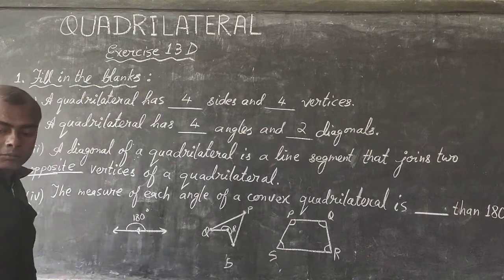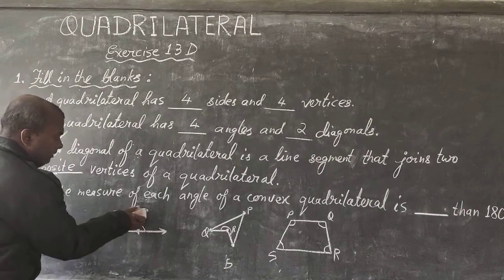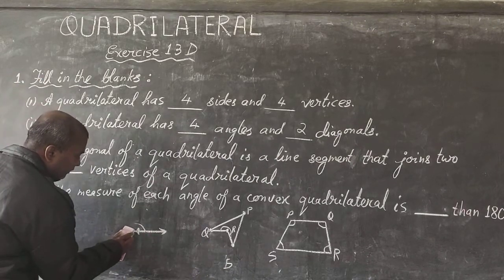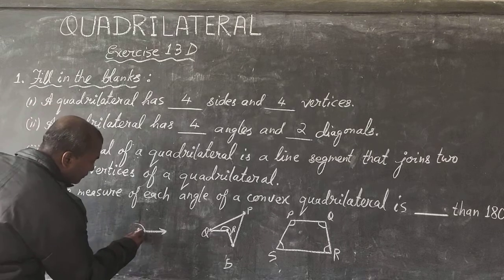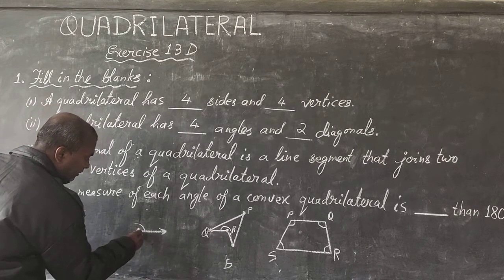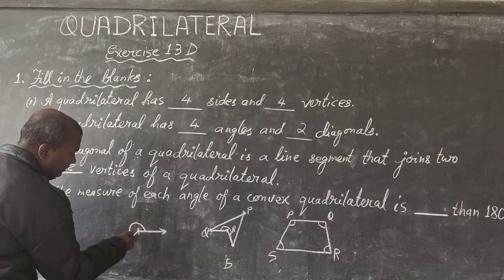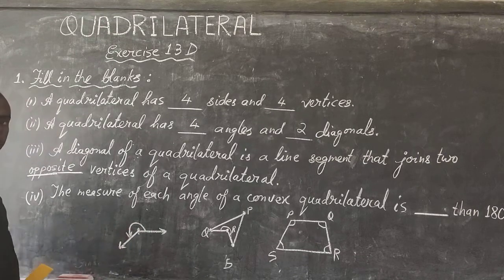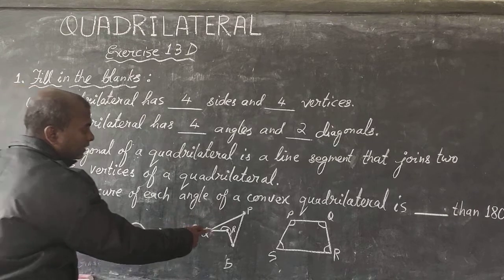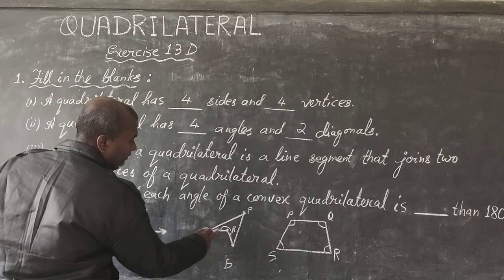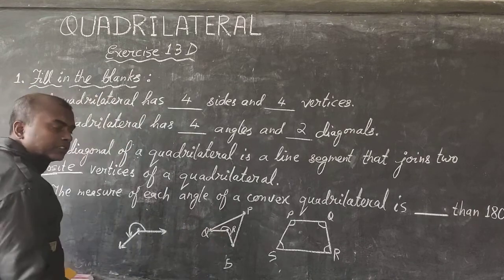Right? But if you have like this, see this is one ray. Suppose the other ray it goes beyond 180 degrees. See this now? Is it not more than 180 degrees? So this case is with that. This is one ray, this is one ray, this is the point, vertex.